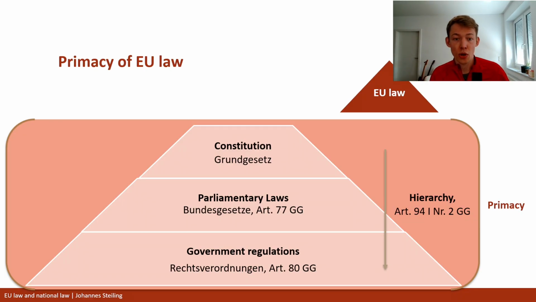Right. So we'll talk about that in a second, the exact differences between hierarchy and primacy, but I think you kind of get the idea. To go into more detail, we'll now look at more ECJ cases in which the ECJ defines primacy in more detail.